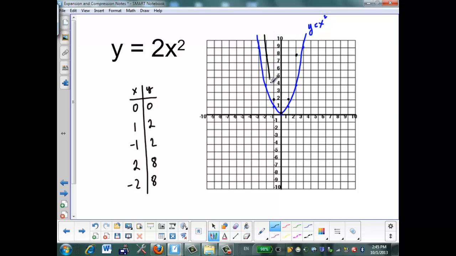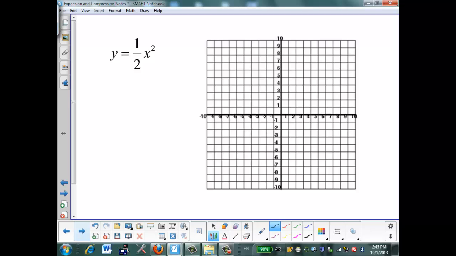So you can see the values that we went up for the function y equals 2x squared are double what they normally would be. And as a result, our graph is a little bit skinnier. If we have y equals a half x squared, what that's going to do is cut our values in half.